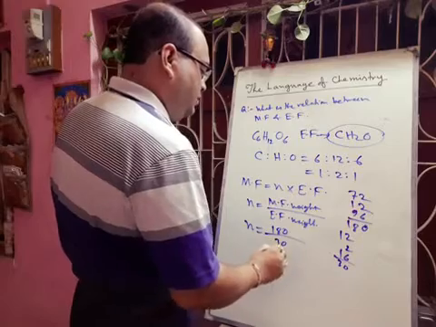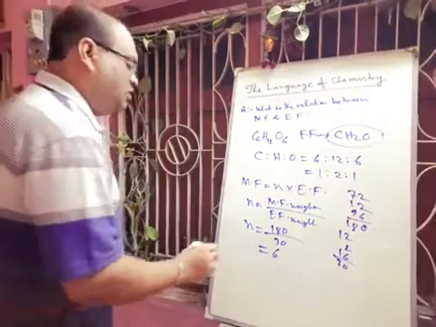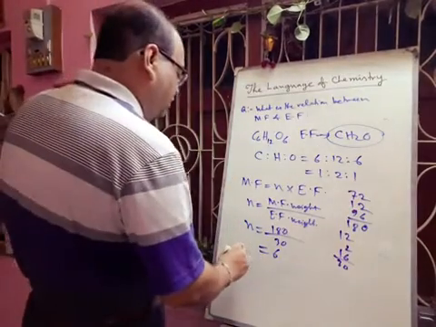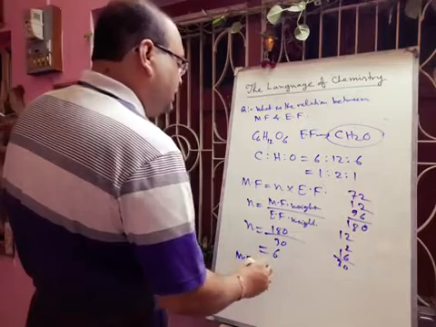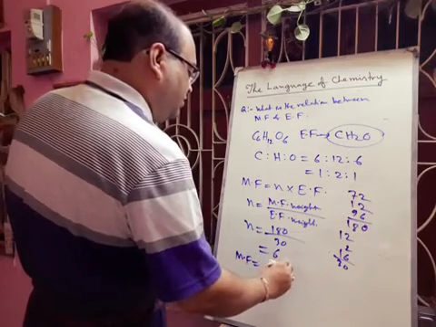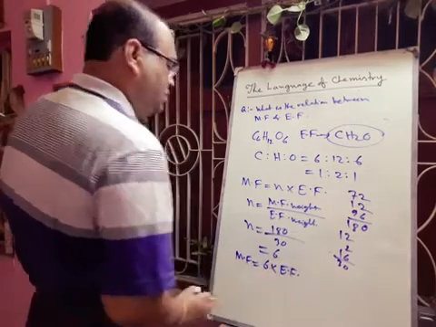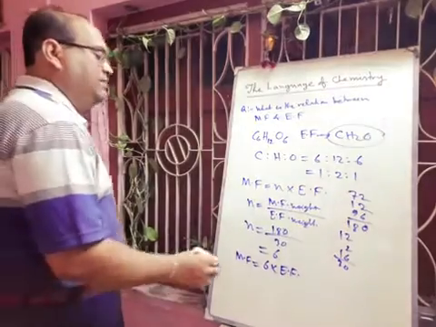So n will come as 6. So the glucose molecular formula is equal to 6 times the empirical formula. Here the value of n is 6.